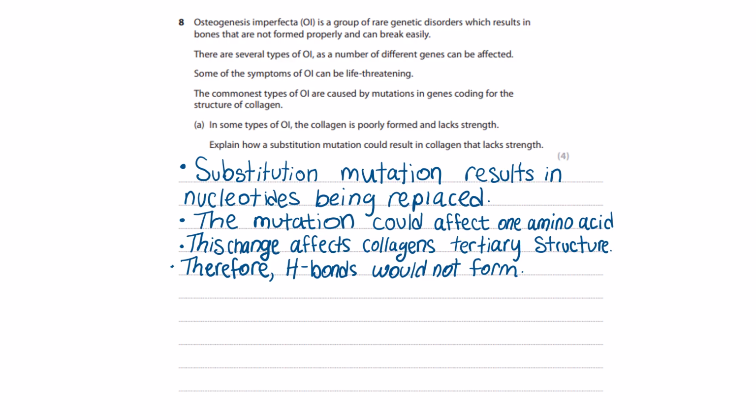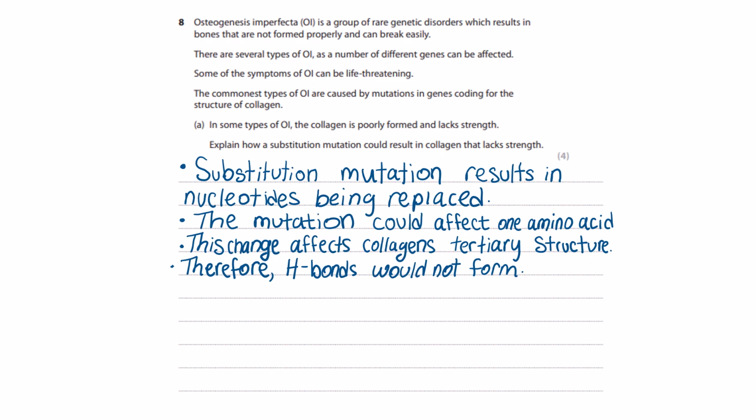Okay, so a substitution mutation results in nucleotides being replaced. Obviously now, the mutation could affect one amino acid. This change affects collagen's tertiary structure. Therefore, hydrogen bonds would not form.